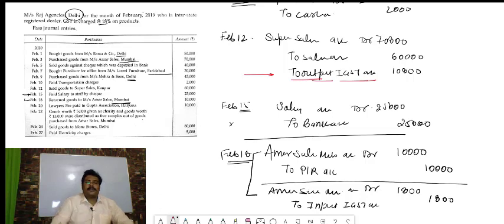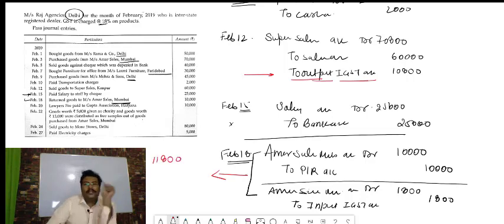See this: Amar Sells account debit, to purchase return, to input IGST. So Amar Sells account debit 11,800.